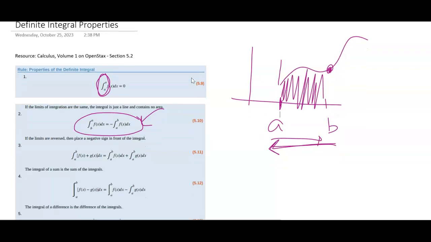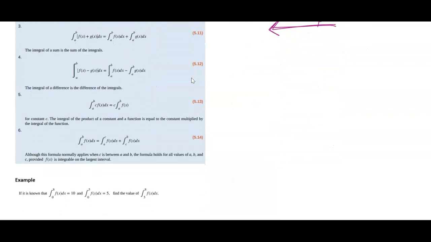All right, if you end up having two functions, f of x and g of x, on the inside of your integrand, you can split those up. Same thing with subtraction, you can split those up.